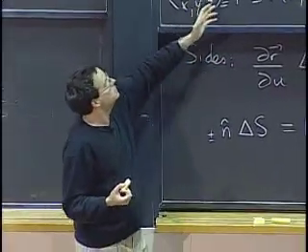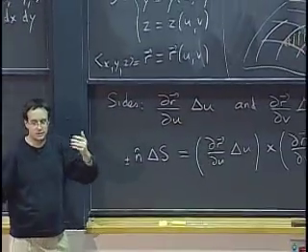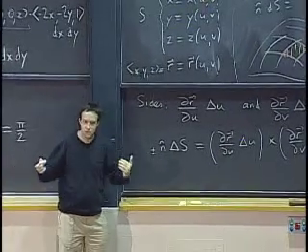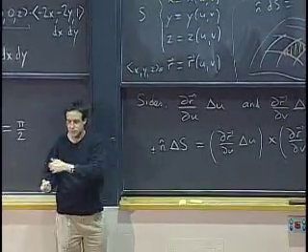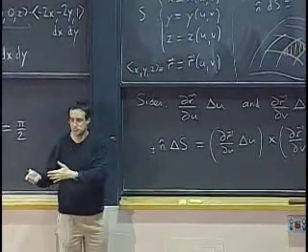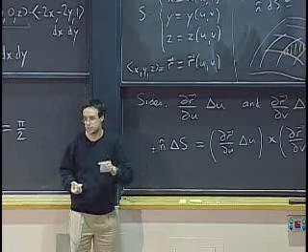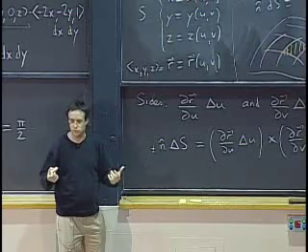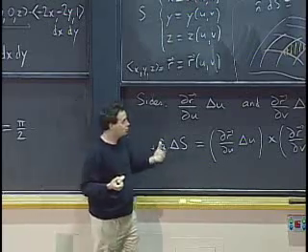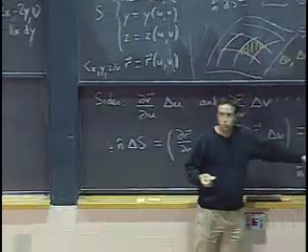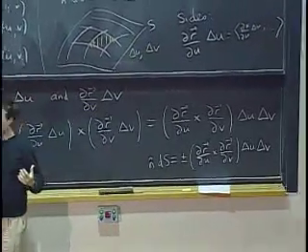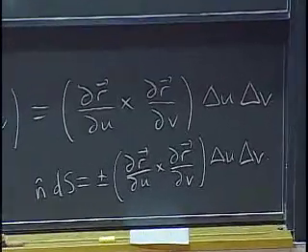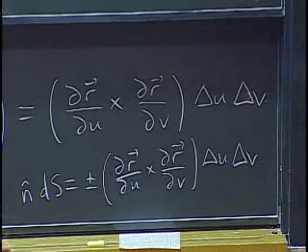Namely, the formulas would be x equals a sine phi cosine theta, y equals a sine phi sine theta, z equals a cosine phi. The formulas for spherical coordinates setting rho equals a. So that's a parametric equation for the sphere. And then if you try to use this formula here, you should end up with the same things we've already seen for n dS, just with a lot more pain to actually get there because your cross product is going to be a bit complicated.